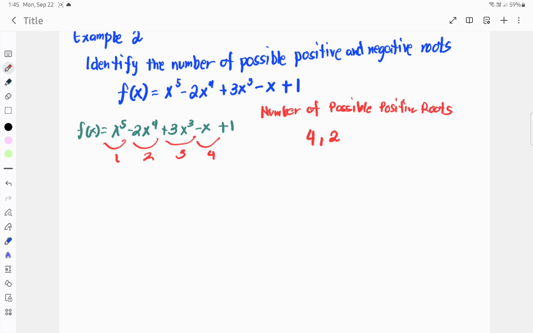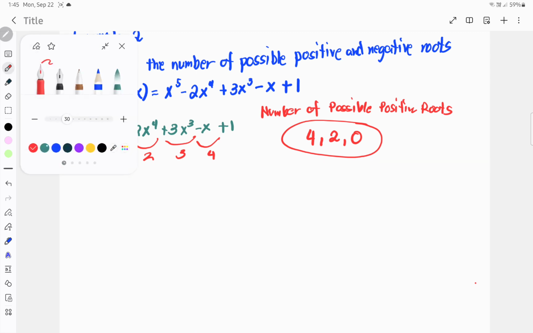And then you deduct again 2, that would be 0. So the possibility is to subtract 2 each time from that. So 4, 2, and 0 are the possible positive roots.